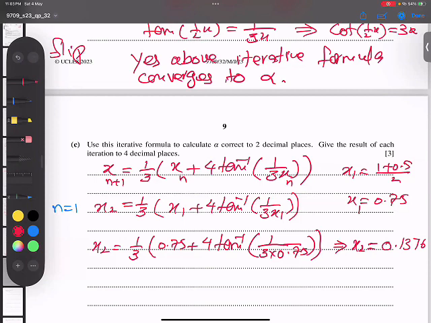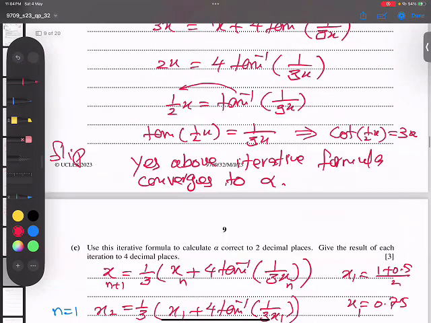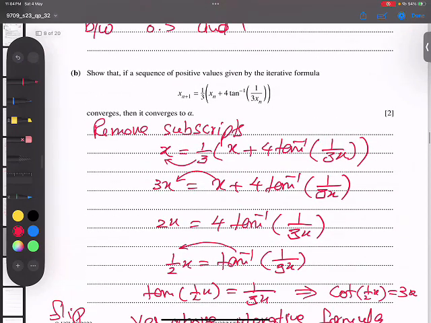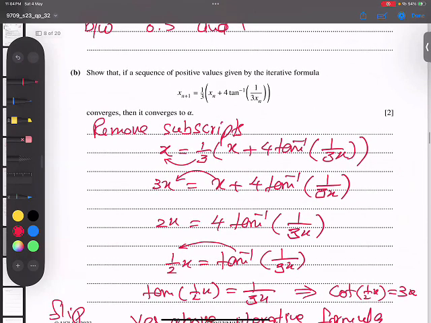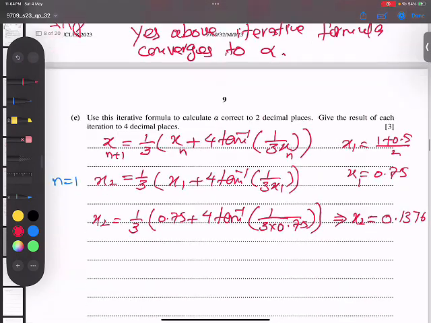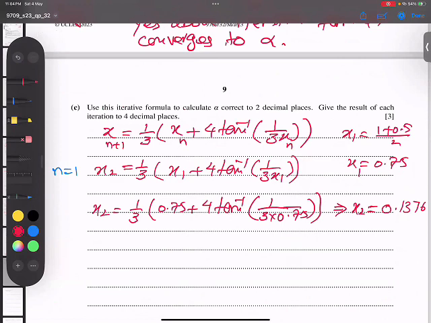So 1 by 3 times 2.75 plus 4 times tan inverse. Let me check the tan inverse. 4 times tan inverse and 1 over 3x. Okay, student, I think I plugged in everything correctly.